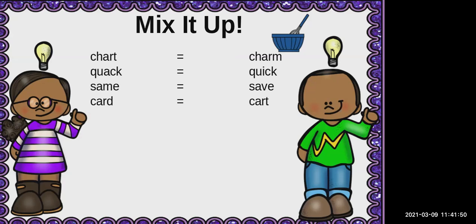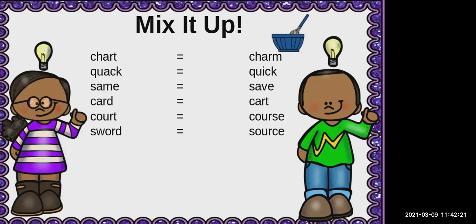Good. Next, we have the word court. Court. And we're going to change the t to s. So the new word is going to be course. Good. The next word is sword. Sword. And we're changing the d to s. So the new word is source.